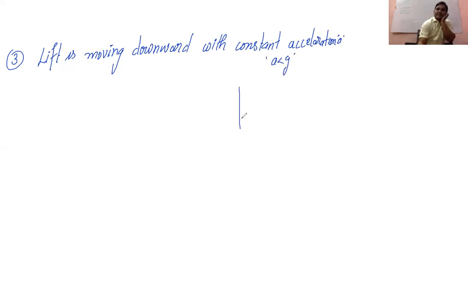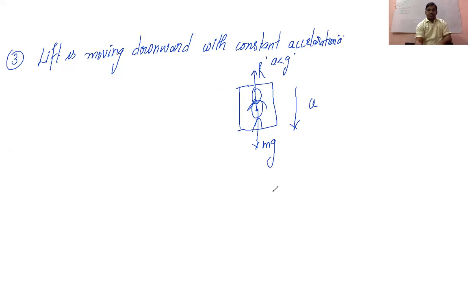Suppose the person is standing in the lift, and the lift is going downward with acceleration a. The weight mg of this person is acting downward, and the reaction force is acting in the upward direction.